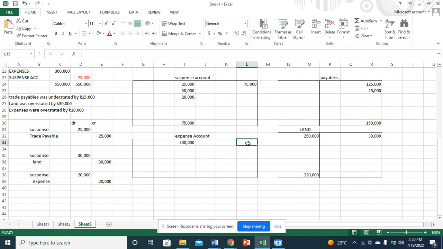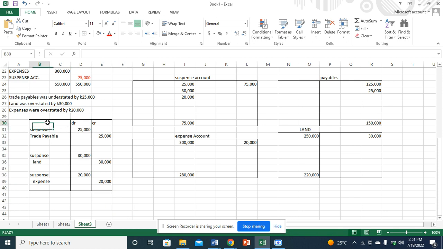So you have to reduce it by 20,000. 300,000 minus 20,000 gives 280,000. So you must close the suspense account and you put the new entries, and that's how you correct the errors.